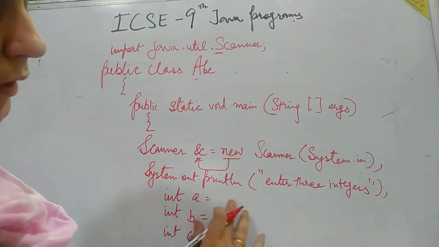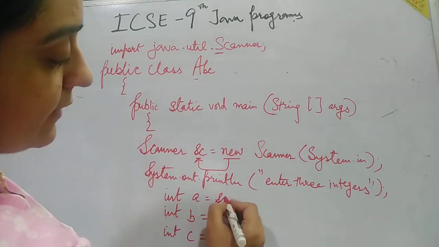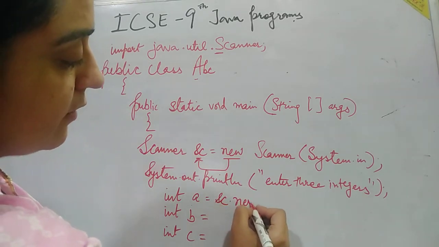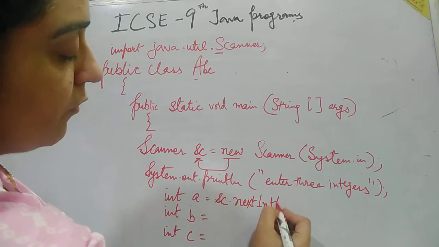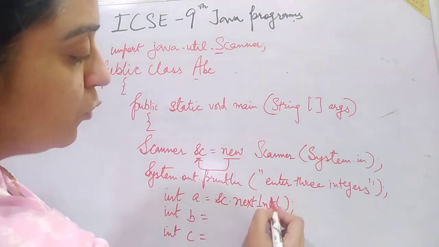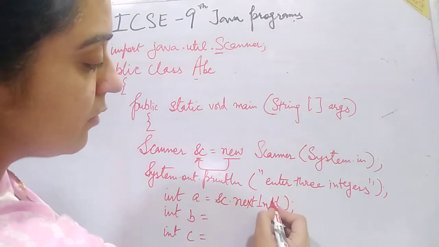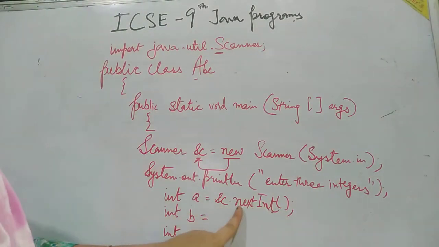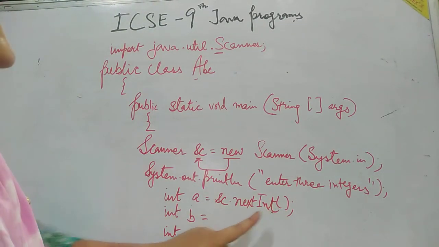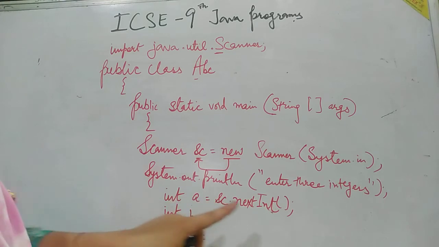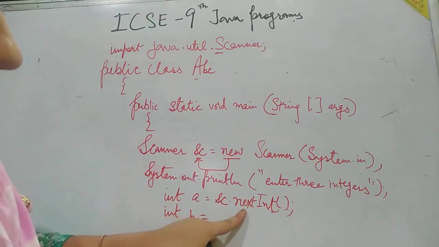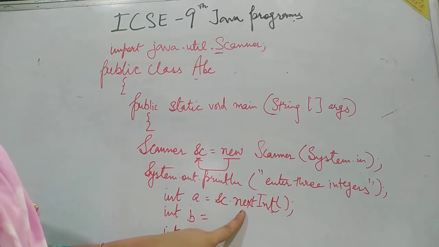But what is to be written here? We will write sc.nextInt(). Why nextInt, and that too without space? Because nextInt is the method to take the integer value during the runtime. During the runtime means from the user. The value is not fixed, the value is not given to us.